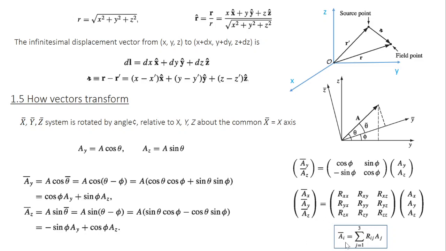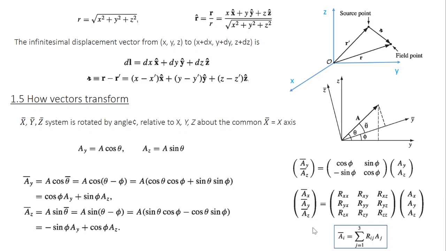For example, if you give the value of i as 1, so 1 is the x component, so Ax bar equals the sum over j from 1 to 3, so first component is Rxx Ax plus Rxy Ay plus Rxz Az. So this gives you the first row of this matrix multiplication.